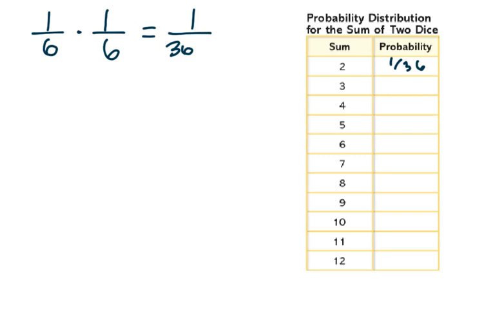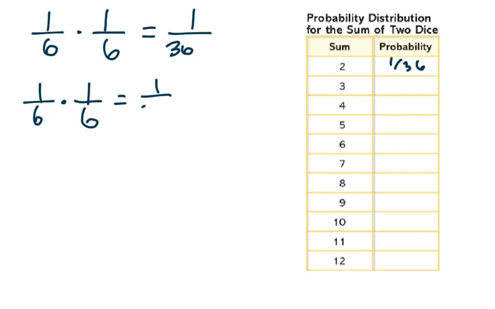Now, what about rolling a sum of 3? There are 2 potential pairs here. If I were to roll a 1 and a 2, because 1 plus 2 is 3. Again, if I'm trying to roll 2 dice and I want them to land on exactly certain numbers, I have to multiply these probabilities.